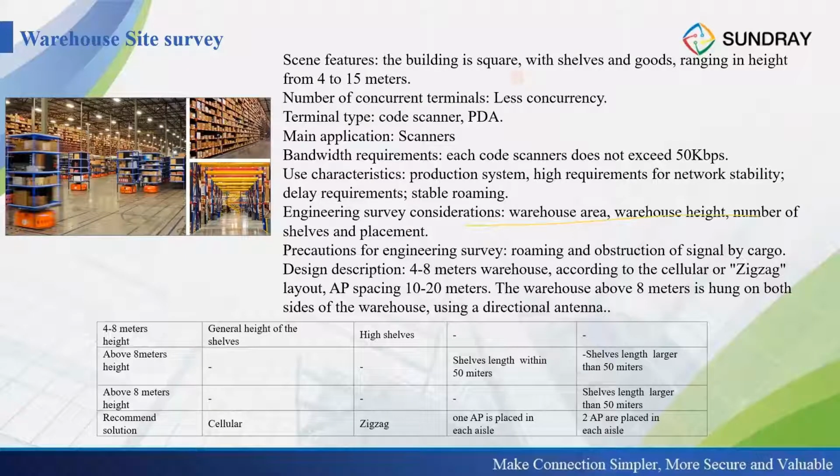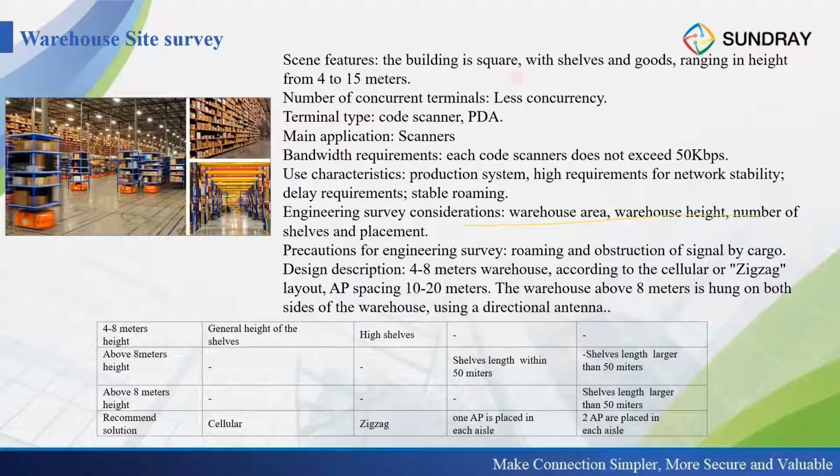We need to think about the different types of warehouses. Some warehouses have a very high ceiling, with racks or shelves that are very high. And some warehouses have very long shelves.